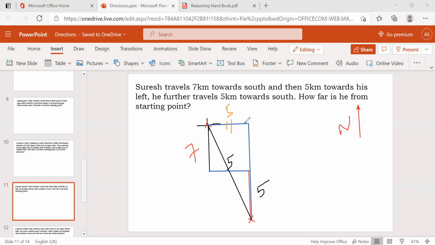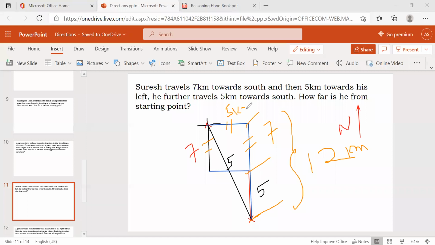And on the south side, totally he traveled from here to here. We know from here to here it is 5, already given. But what about this length? This is equal to this, so it is nothing but 7. So 7 plus 5, totally this length equals 12 kilometers.